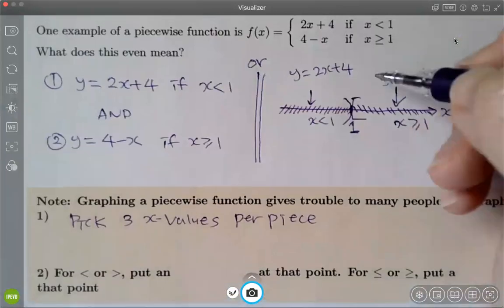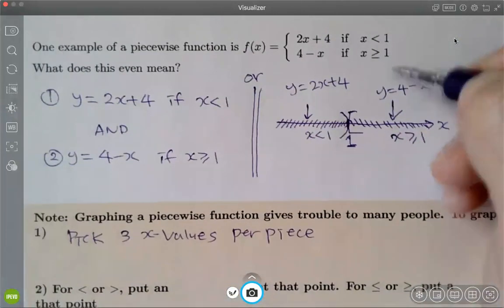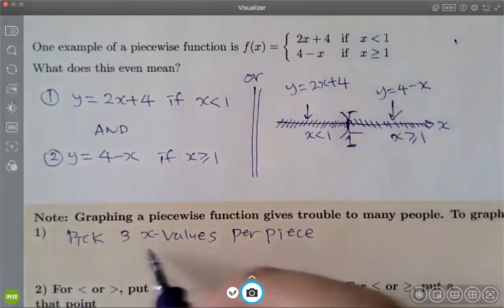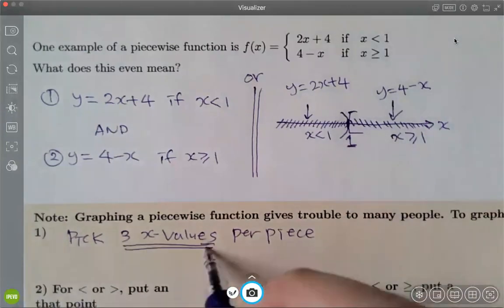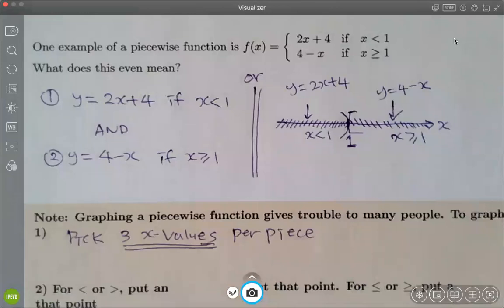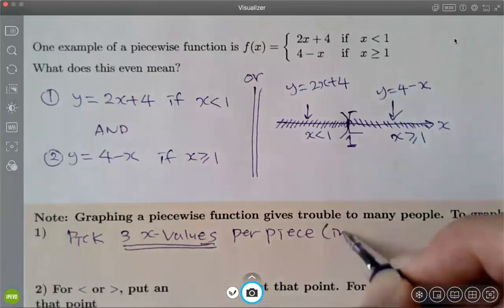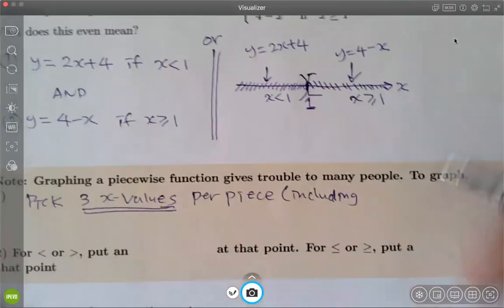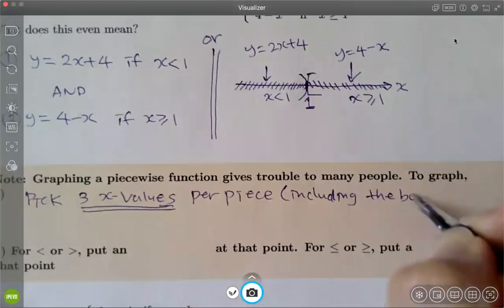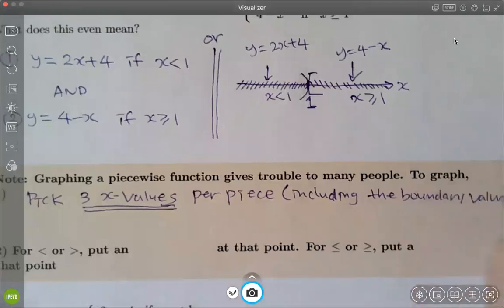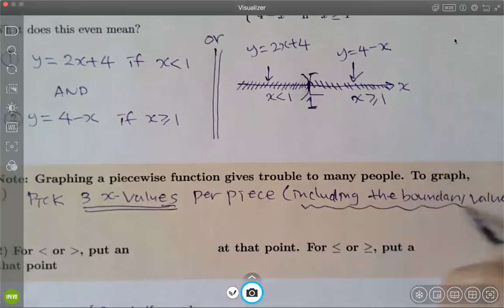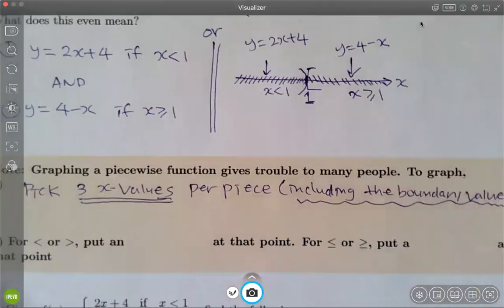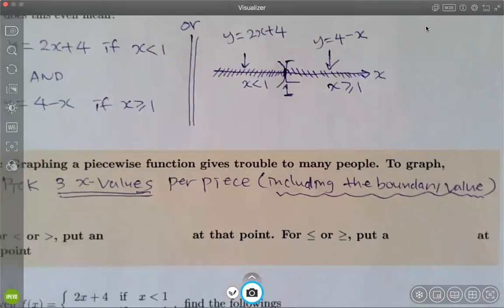So for each piece of x, pick about 3 x values. And when you choose these x values, make sure to include the boundary value. And then plug them in.